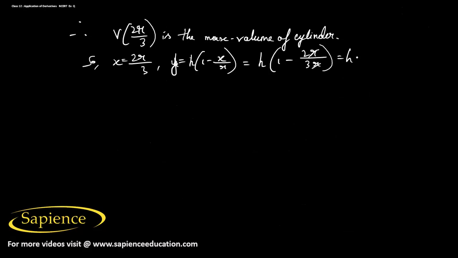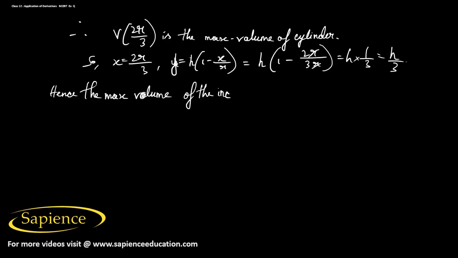So that is equal to h into 1 by 3, which is equal to h by 3. So hence, we can say that the maximum volume of the inscribed cylinder is obtained when the height of the cylinder is 1/3 of the height of the right circular cone.